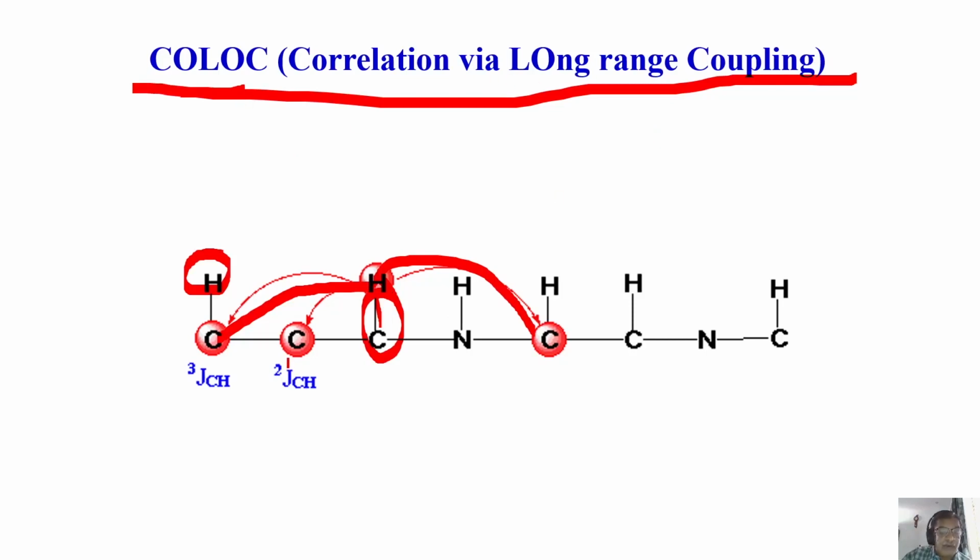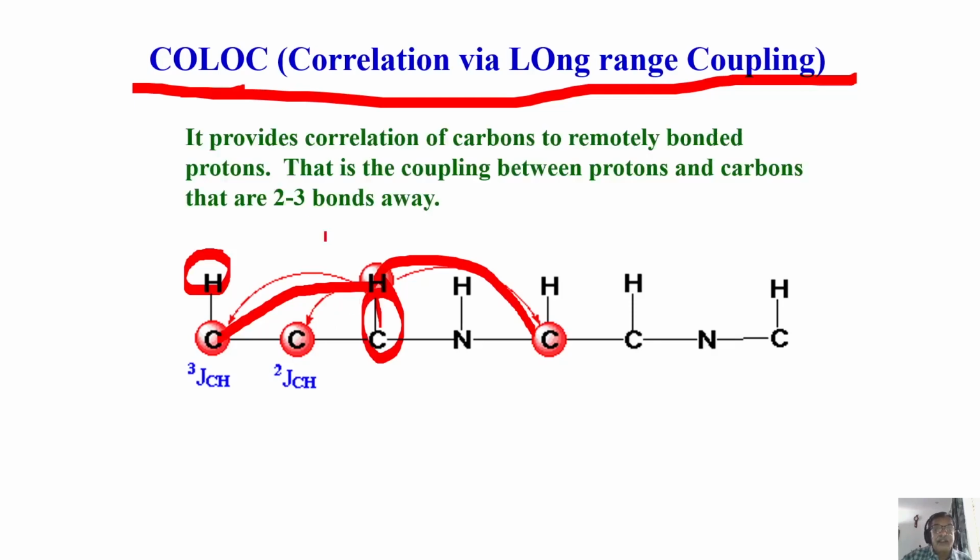For example, 2-bond coupling between proton and carbon can be correlated. 3-bond coupling between this carbon and this proton can be correlated. But mind you, it's the most difficult and time-consuming experiment because you are trying to correlate long-range couplings.